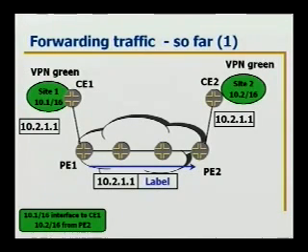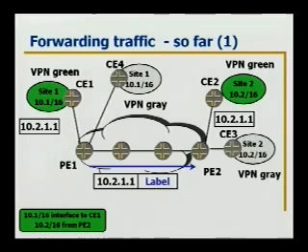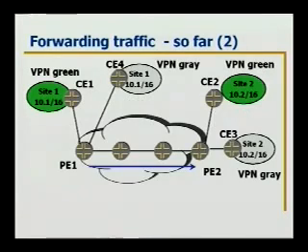And this seems really nice, except if the picture was a little bit different. What would happen if now I had two other sites from some other customer, customer Gray, connected to the same PEs? Let's see what would happen now. I would take the packet.